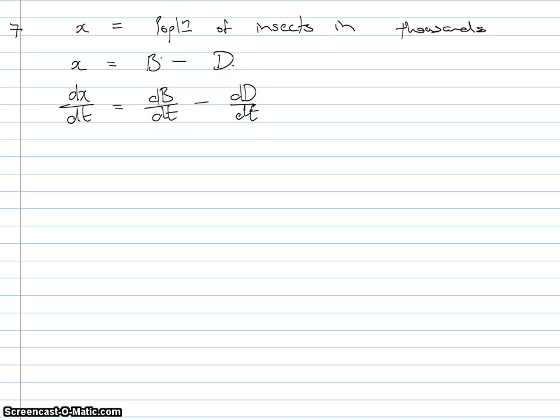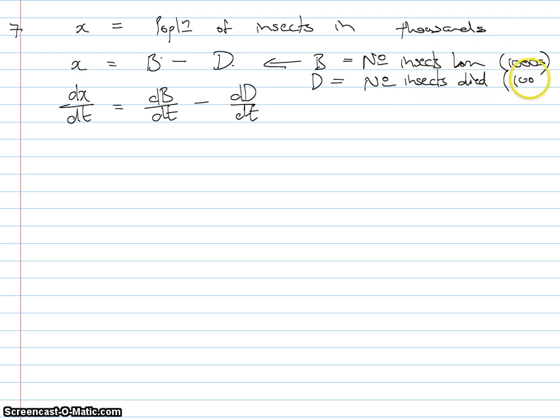I should indicate here that b equals the number of insects born, in thousands, and d equals the number of insects died, also in thousands. If you think about this formula, that the change in population is equal to the birth rate minus the death rate, this makes sense.